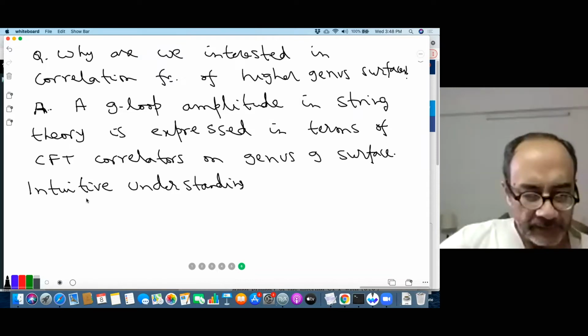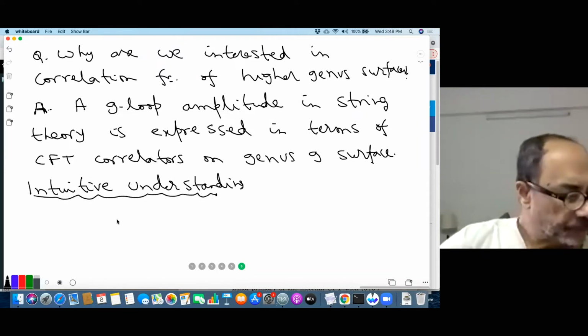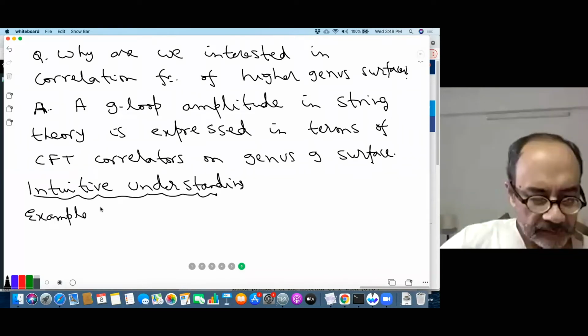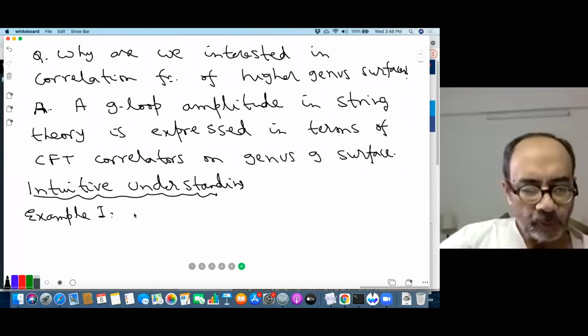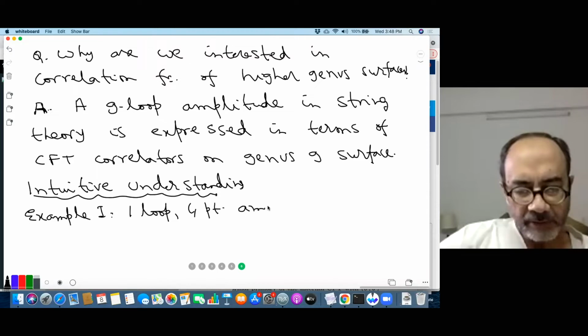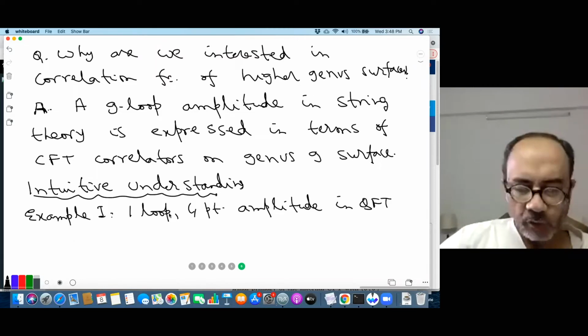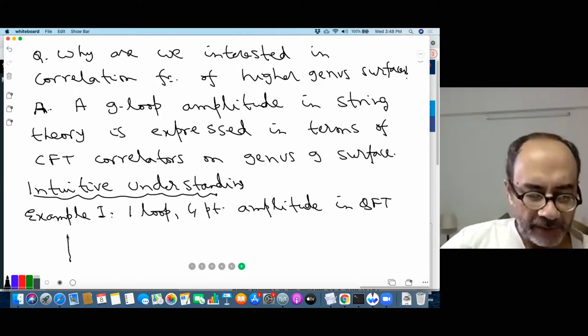And this will be based on some examples. Example 1. Take a one loop 4-point amplitude in QFT. So what kind of Feynman diagram? Let's draw a Feynman diagram.